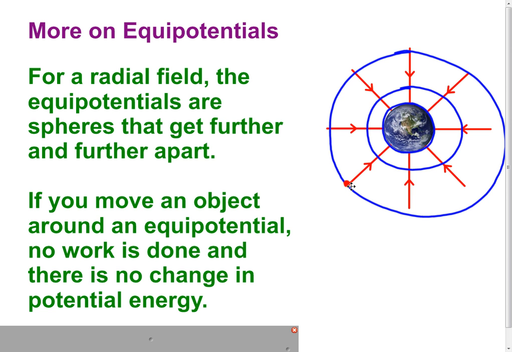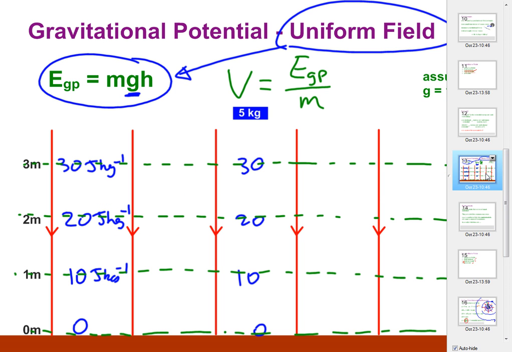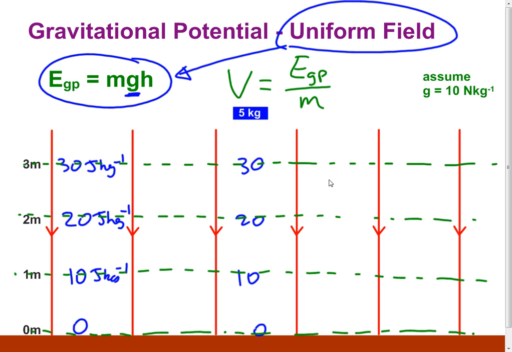We'll just quickly have a look at the uniform field as well, just to reinforce that. Likewise, if I drag this object around a uniform field, if I keep this object on an equipotential and move it along an equipotential, I do no work against gravity, and the potential energy of the object doesn't change.